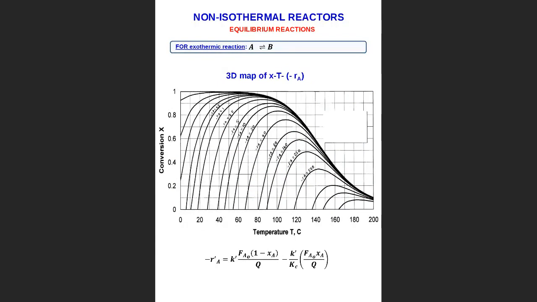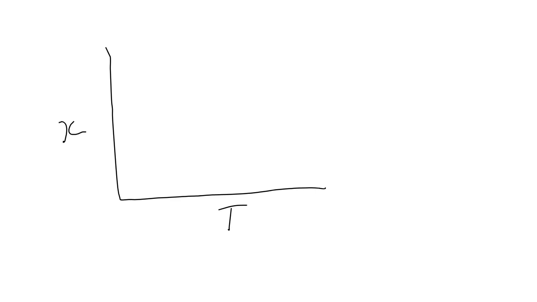Okay, please repeat. For the endo, let me get a clean page so that we don't have the confusion of the exothermic reactions clouding our view. So for an endothermic reaction, X, this is temperature, and this is my X equilibrium line.